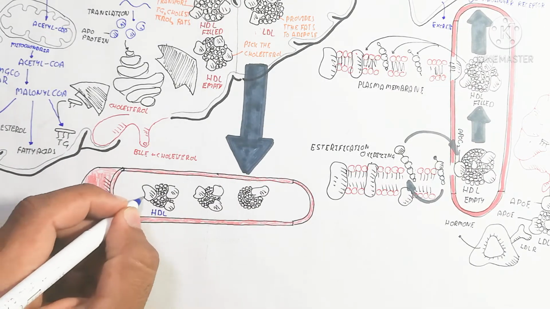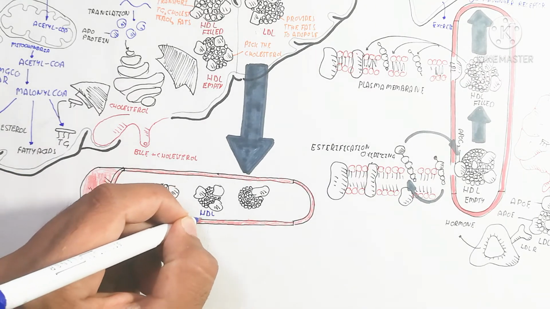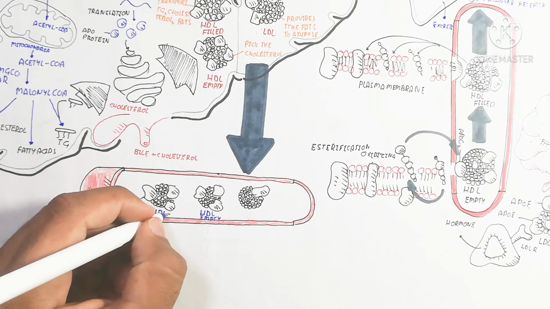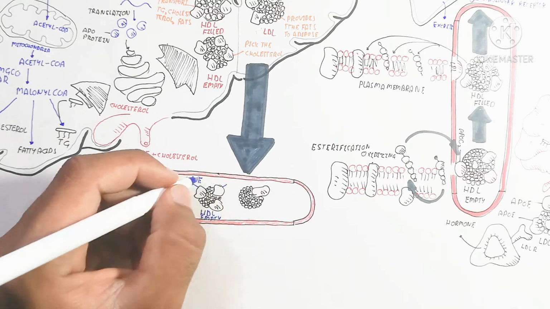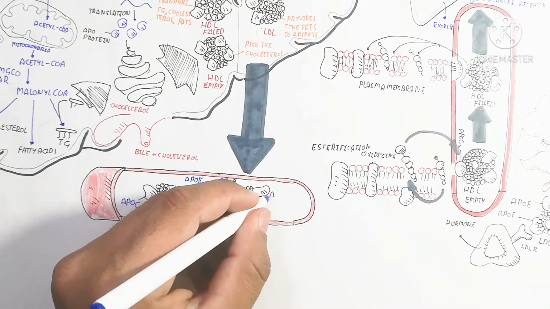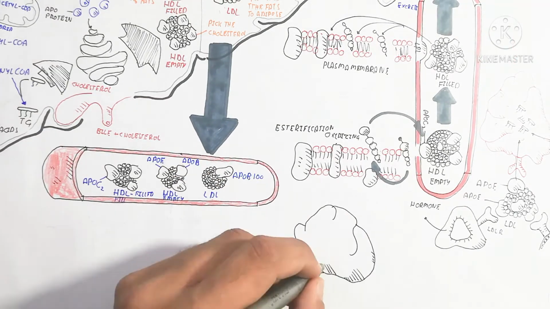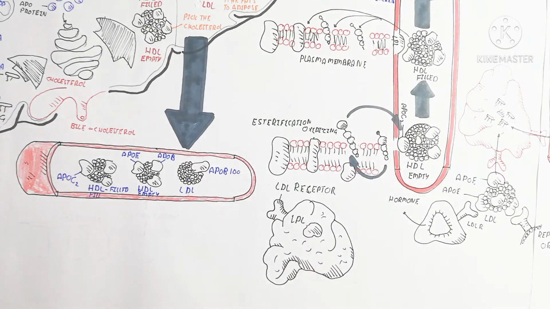On the other hand, here is the HDL empty, which picks up the cholesterol. So one is for picking, one is for providing, and LDL is used to provide the fats to adipose triglycerides. So when they go into the blood vessel, HDL filled contains ApoC2.